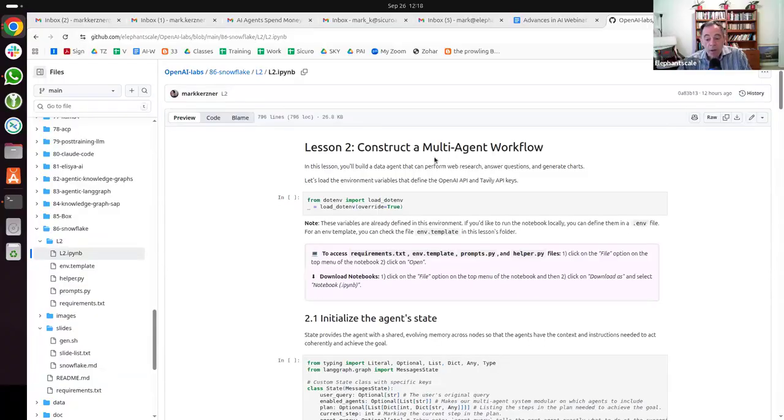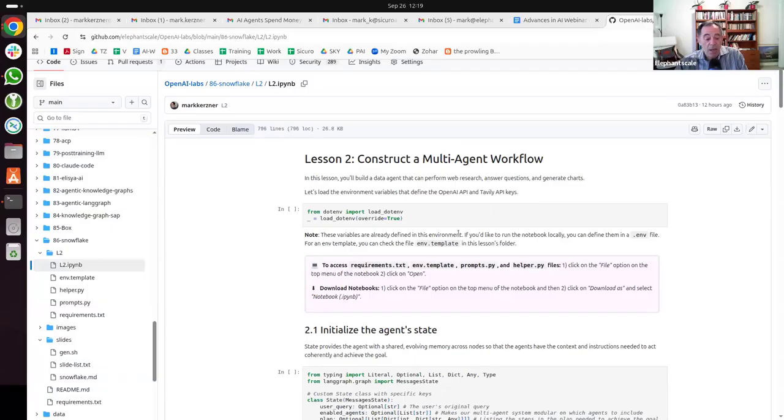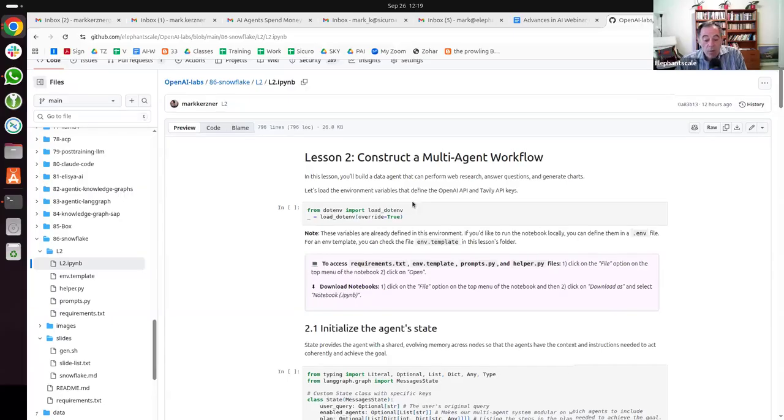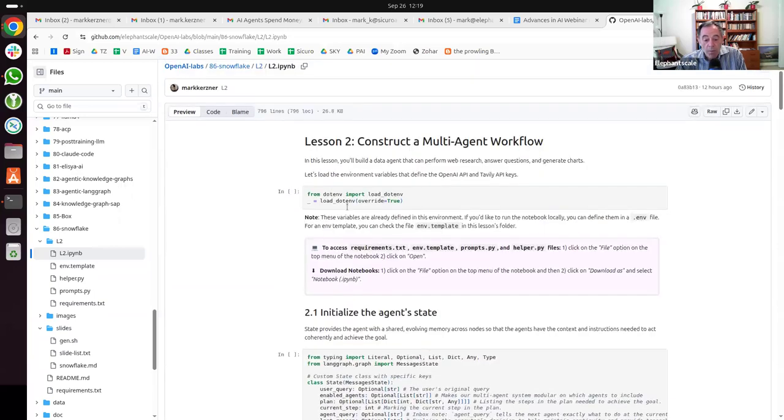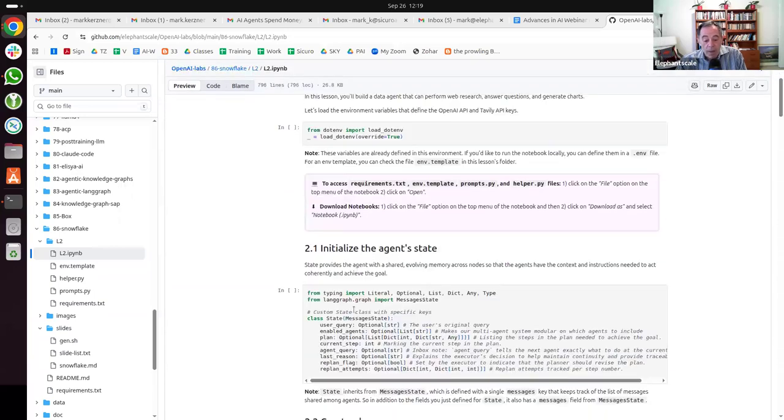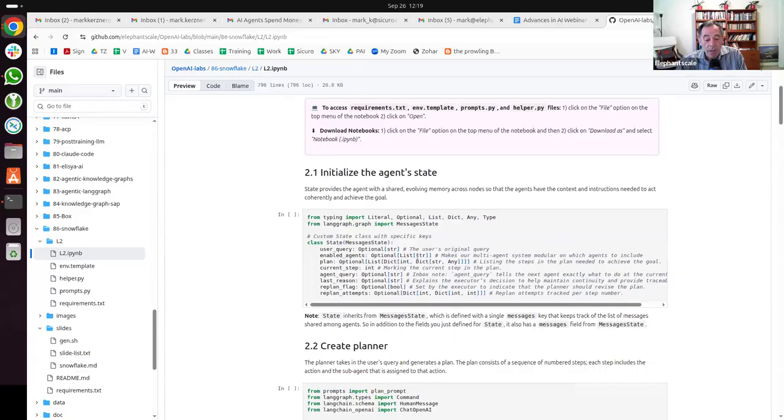Okay, so we're going to construct a multi-agent workflow. That is exactly what you would want to do in agents. More than that, we will do more than one agent, and I'll give you examples. In other words, look at that as a practice lesson with the code and everything that you need. Okay, so that's what we do. We're bringing in LangGraph right here, and that's what we're going to do with all the accompanying things.